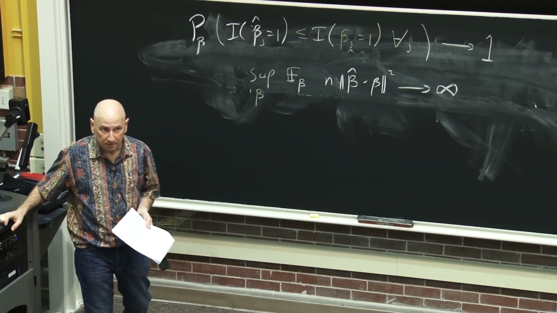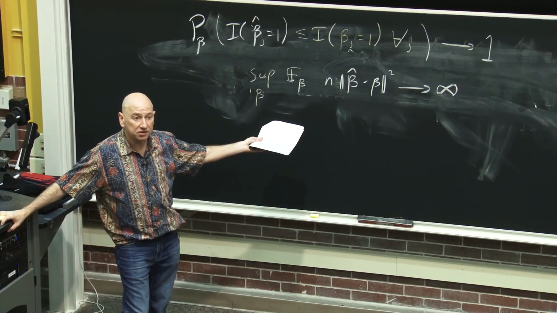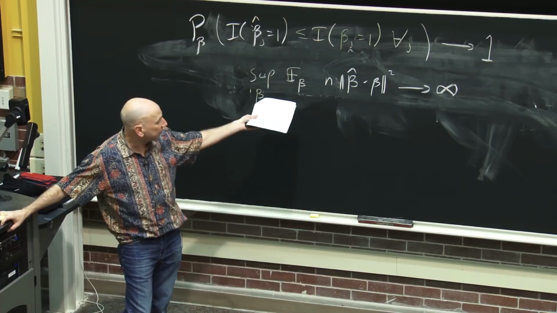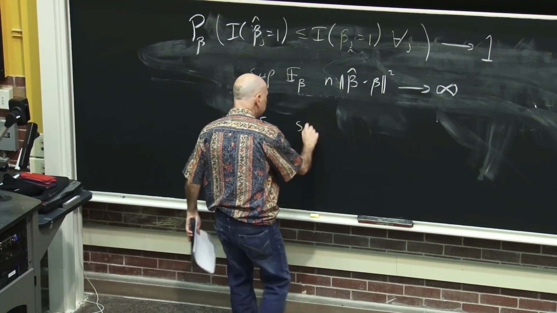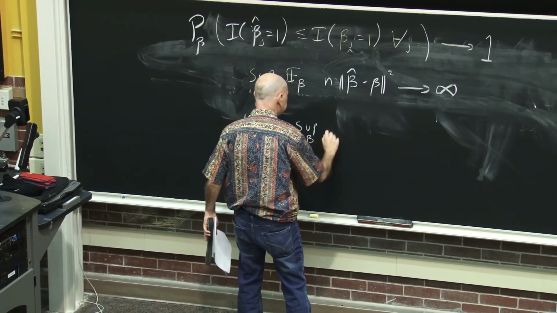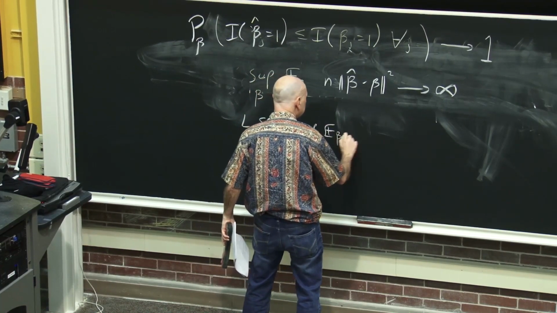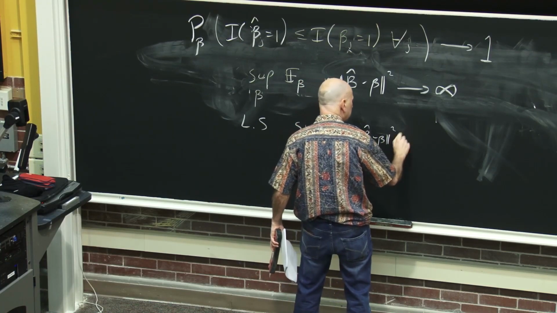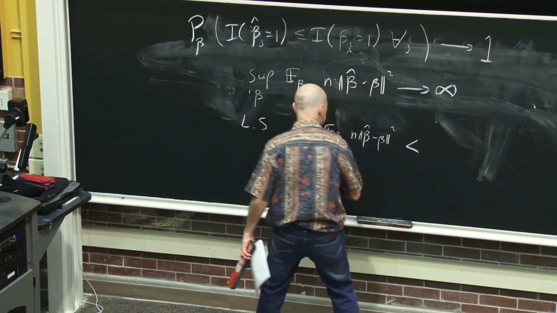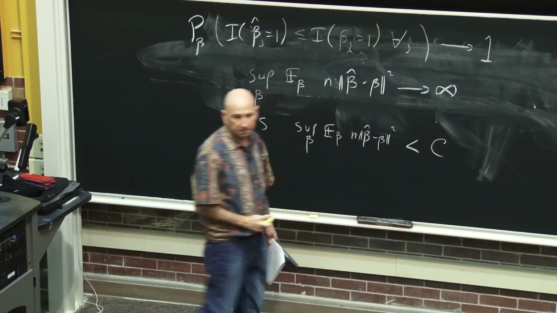And the risk goes down to 0 at a rate of 1 over n. Or if I multiply by n, it's bounded. So for least squares, in this case, you get that this is bounded by some constant.